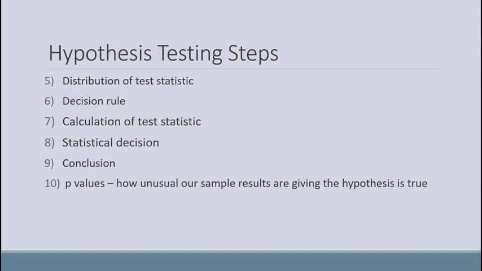Step 10. A p-value is the probability that the computed value of a test statistic is at least as extreme as the specified value of the test statistic when the null hypothesis is true. Thus, the p-value is the smallest value of alpha for which we can reject a null hypothesis.